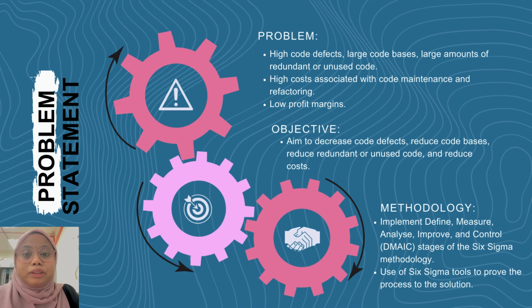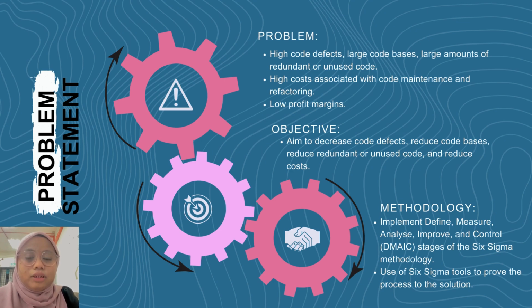Next is the problem statement. Currently, our company is facing a few challenges in software development, which are high code defects, large code base, a large amount of unused code, high cost of maintenance and refactoring, and low profit margin. So the issue is currently blocking our way to stay relevant in this industry.